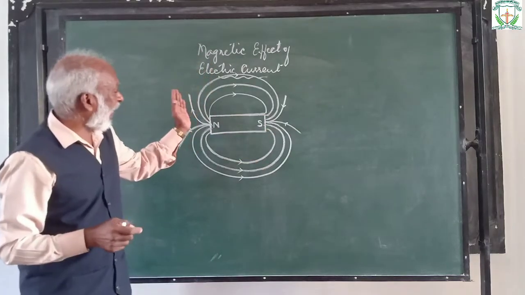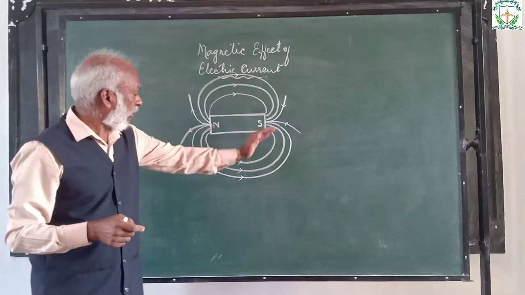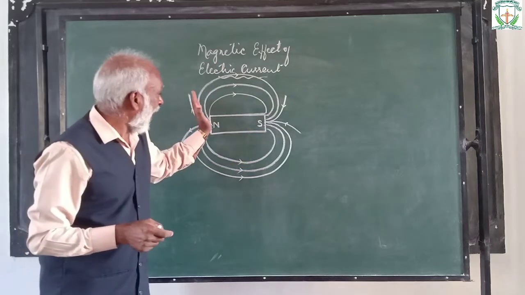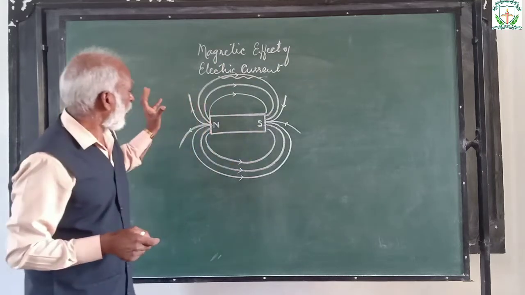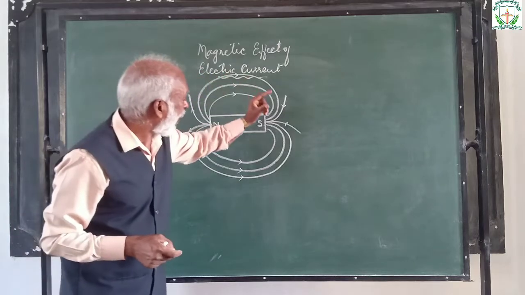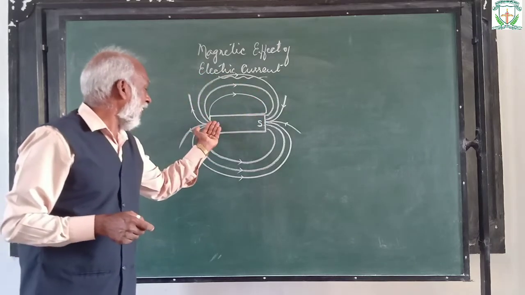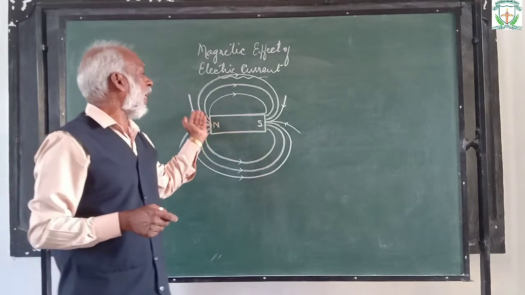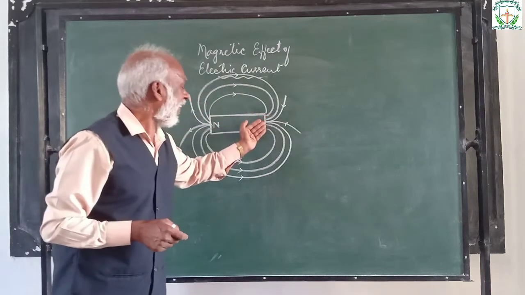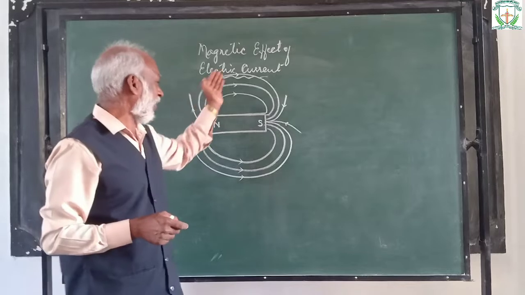So magnetic field around a magnet is like a stretched loop emerging from north pole and merging at south pole externally.